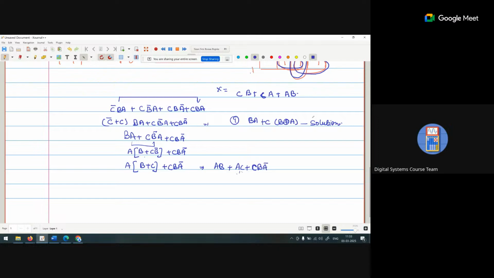So can I take C common? So it becomes a plus b a bar plus ab. So ab plus c. Now this is a plus b. Okay, so it is ac plus ab plus cb. Okay, this is the second solution.